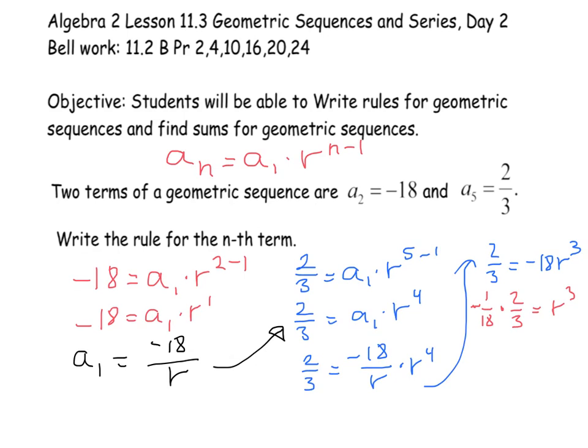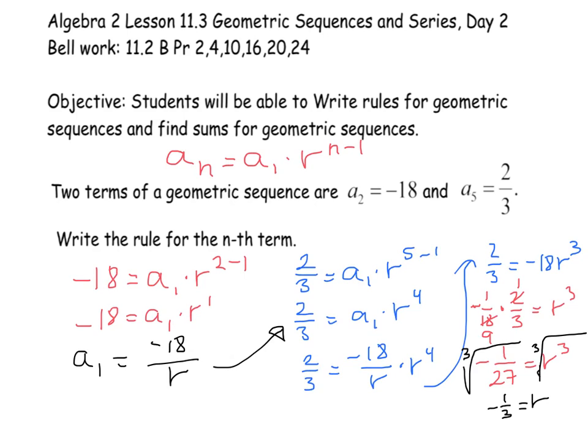If I simplify by 2, I get negative 1/9 times 1/3, which is negative 1 over 27 equals r to the 3rd. Now if we take the cube root of both sides, we end up with r equals negative 1/3.